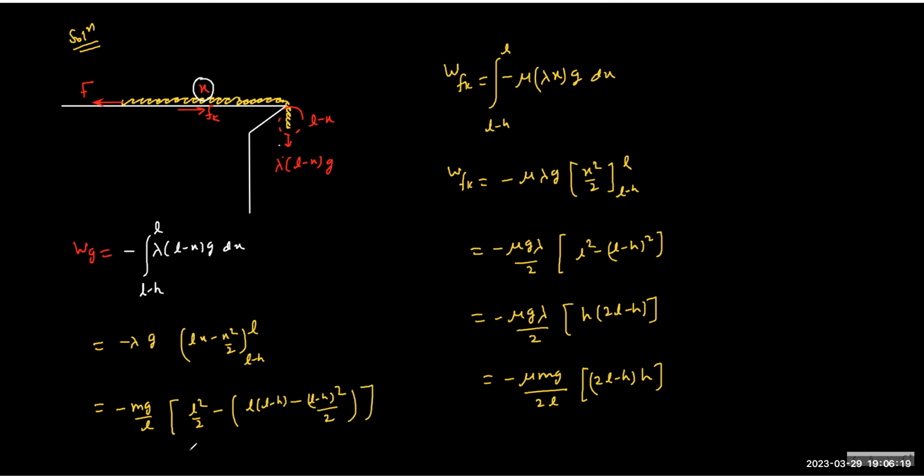That is the lower limit, correct? So minus mg by L, L square by 2 minus (L minus H) by 2 into (L minus H). Okay, this looks lengthy, so I'm leaving it here.